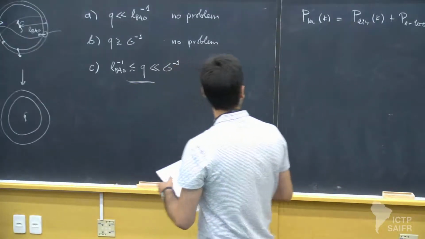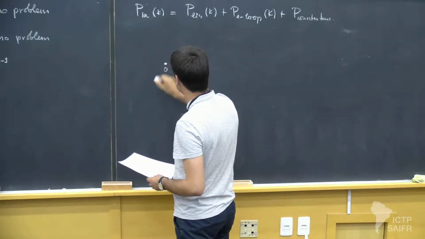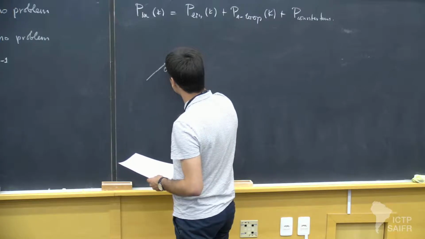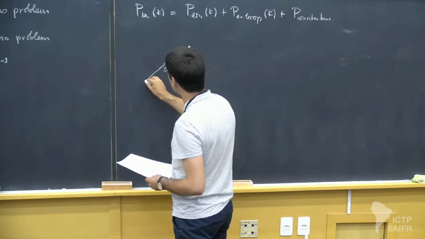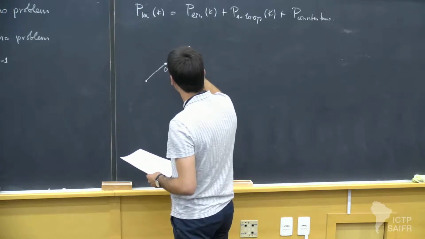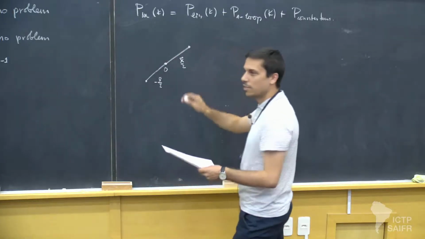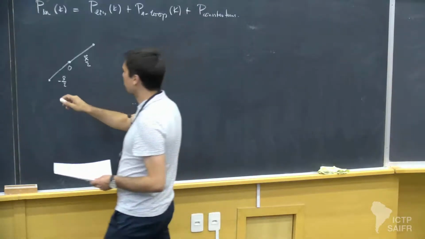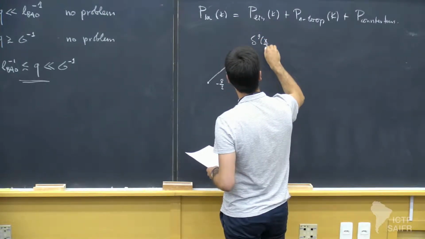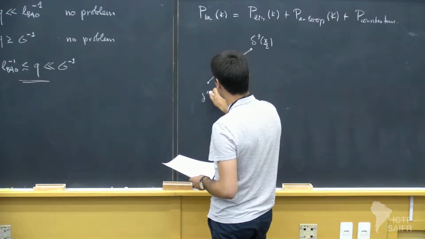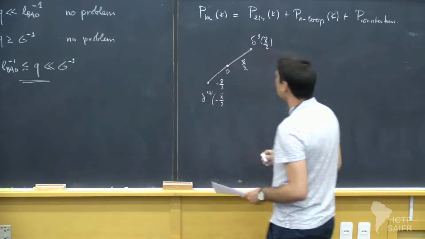So what we essentially want to calculate: imagine that you have some position in space, which is the origin. For simplicity, let me choose things such that I have one point here, another point here. This is x/2, this is minus x/2. I can always translate things like that. So I'm considering some delta galaxy at x/2 and delta galaxy at minus x/2.